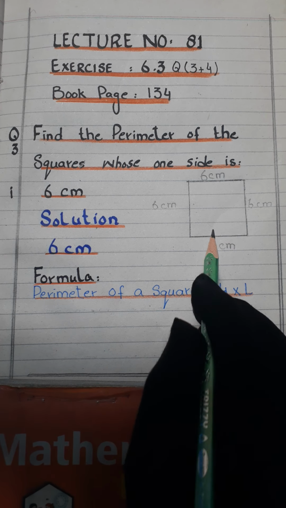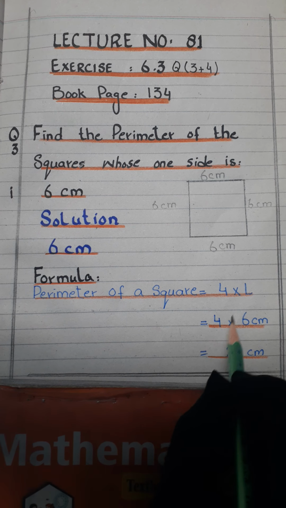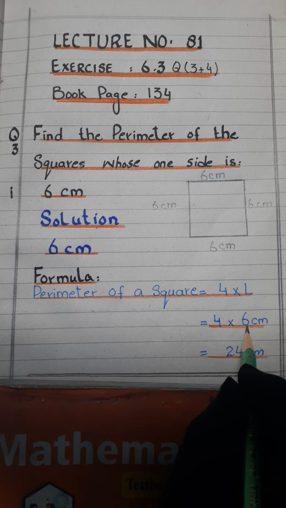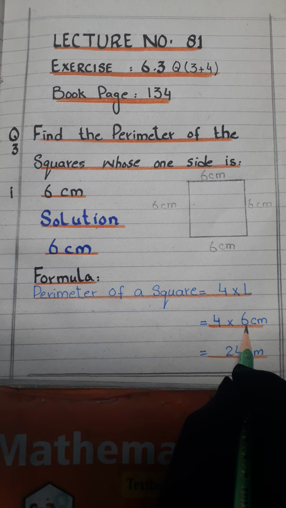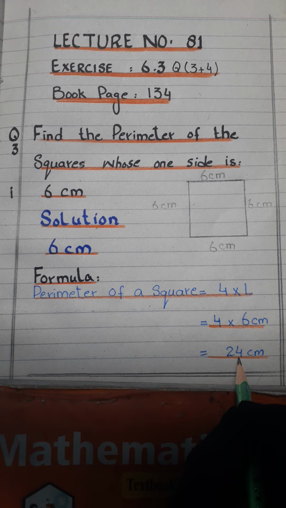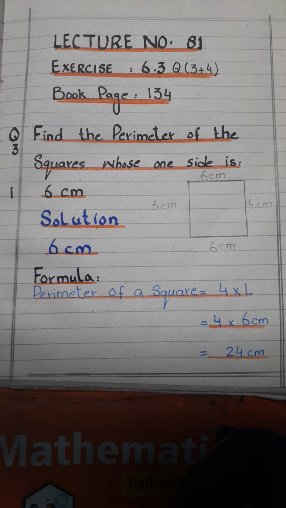So here there are 4 sides, 1, 2, 3, 4, we just write 4. One side length is 6 centimeter, so we write the value of L, the length of one side. Then we multiply these two numbers. 4 sixes are 24 and we get the answer. Clear?